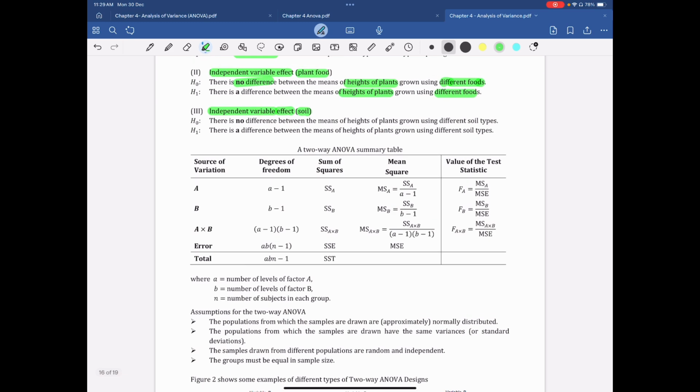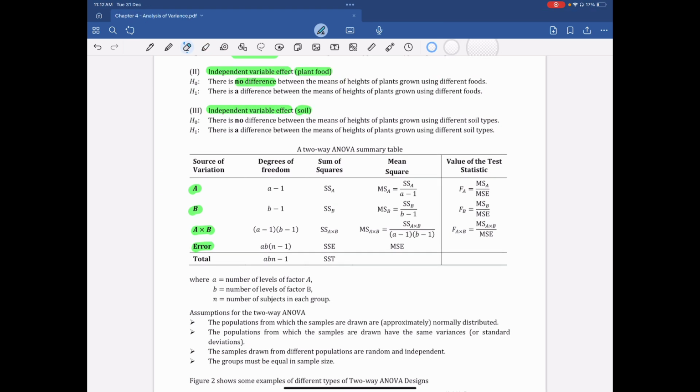And to create a summary table for two-way ANOVA, now you have this particular design. You have source of variation, A, B, and the interaction, and also the error. So this is the formulation.